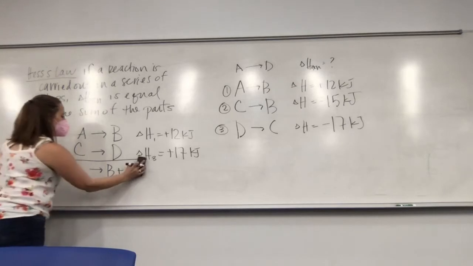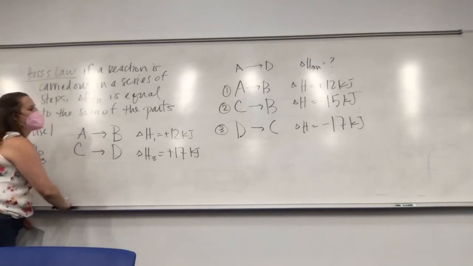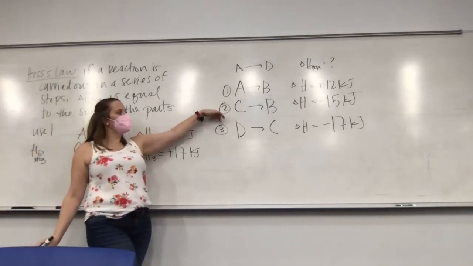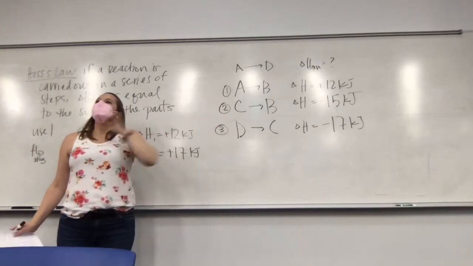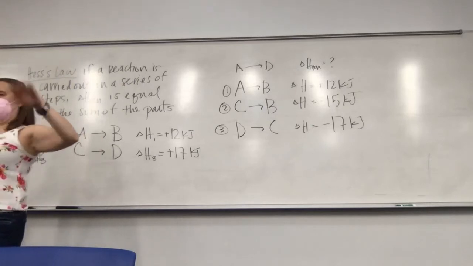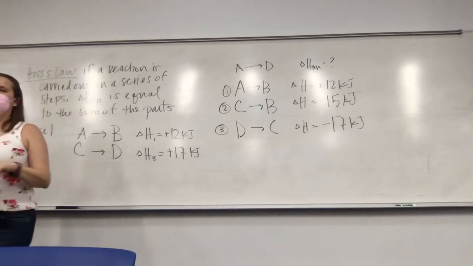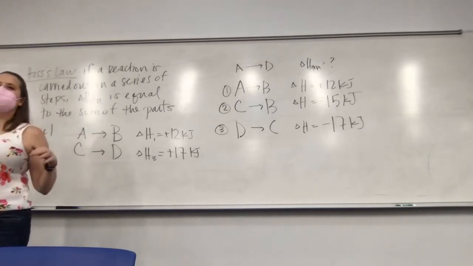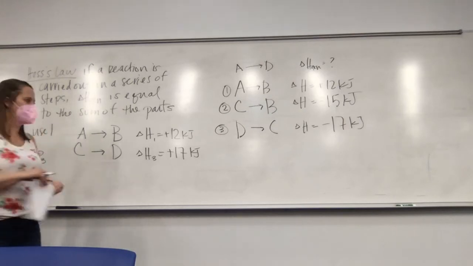Well, we have this equation 2. Because it's the sum of its parts, we can use additional equations to basically get rid of excess junk, or participants that we don't see in the final equation.